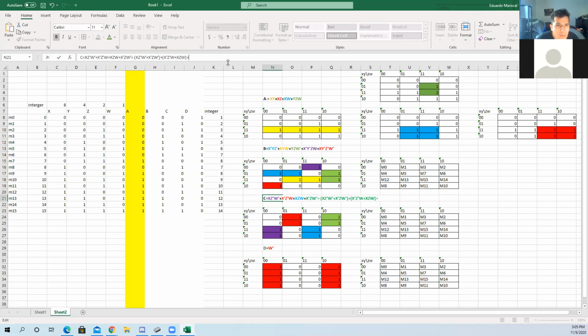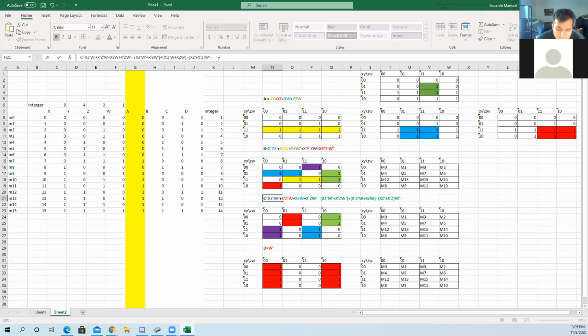And from here, you can factor out the W prime. So you can have X Z prime plus X prime Z, and then that's a W prime.